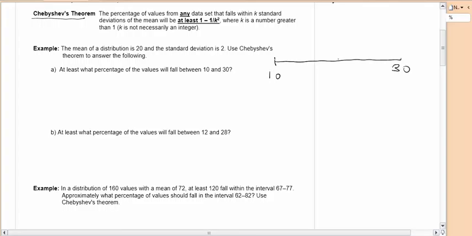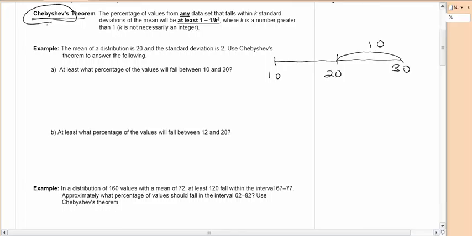Now, if we notice that the mean here is 20, the distance from 20 to 30 is 10, and the distance from 20 to 10 is 10. That is, we have an interval. It is centered at the mean. We're trying to find the percentage of data in that interval. That suggests using Chebyshev's theorem. We don't know anything about the distribution, if it's bell-shaped or not.